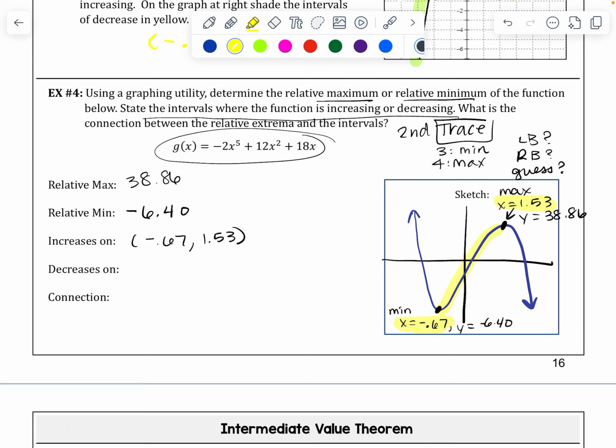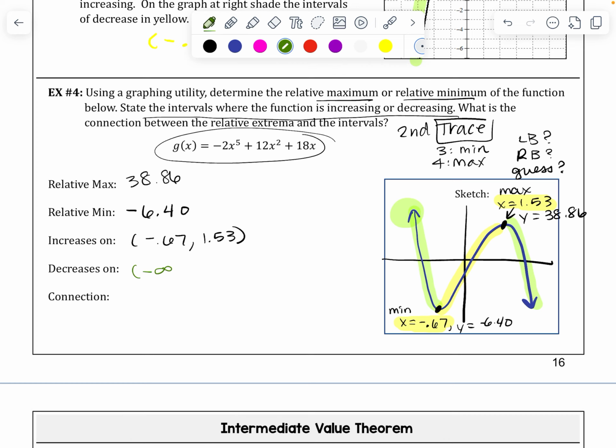So we're looking for these values of decreasing here and here. So here is when x is going to negative infinity. So we would say from negative infinity up until this x value of -0.67, and then again from when x is 1.53 all the way to when x is positive infinity. And then what's the connection to this?